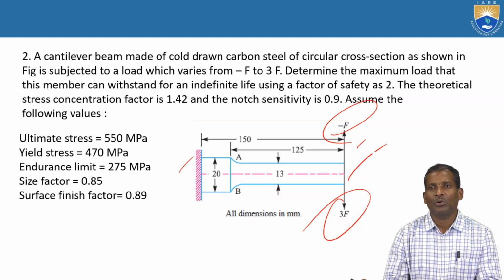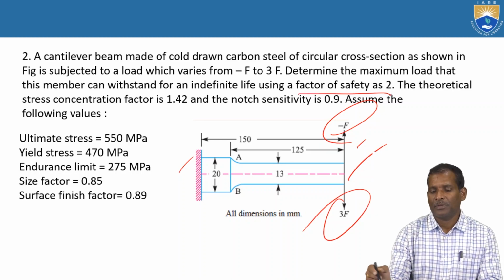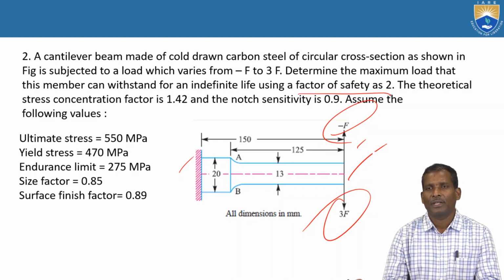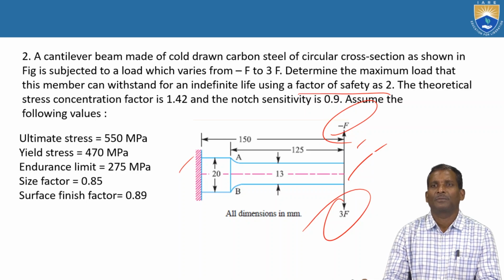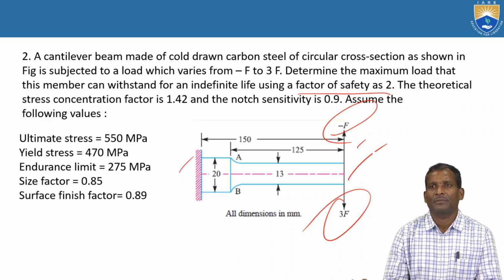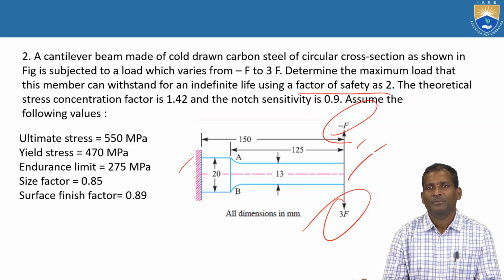Determine the maximum load that this member can withstand for an indefinite life, using a factor of safety of 2. The given factor of safety is 2. What has been asked is to determine the maximum load. So the load you don't know. The load is given in terms of F, minus F to 3F. You need to calculate it.